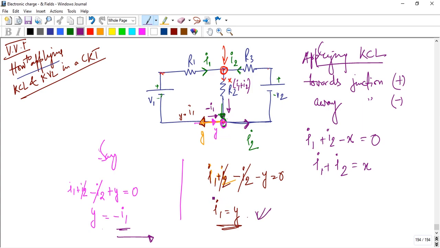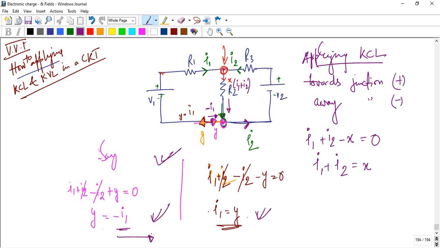Right to left is a plus, left to right is a minus, so there is a flip of 180 degrees. Our assumption in that direction is a minus, the opposite direction with a plus. Clear? If you choose any direction, it will always be satisfied. If you know the concept and how to apply KCL, you always get a correct result.